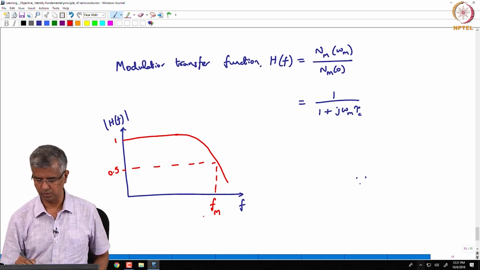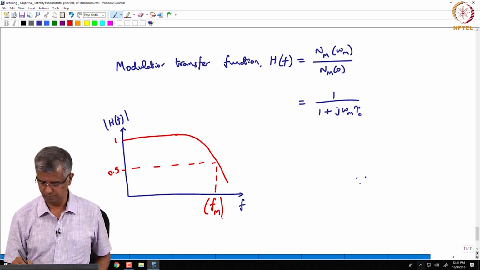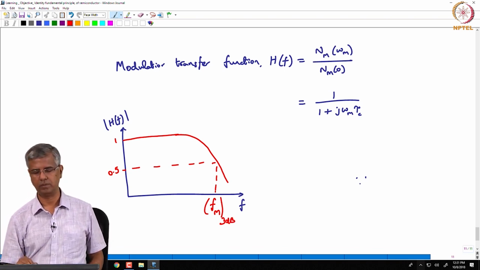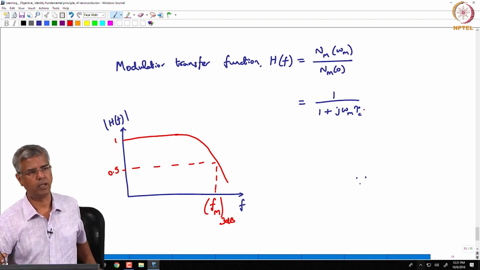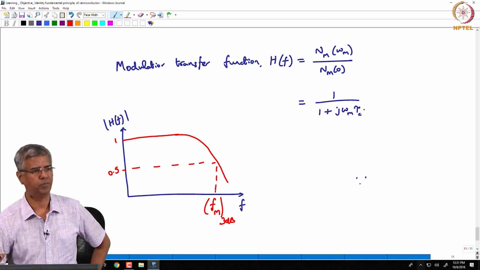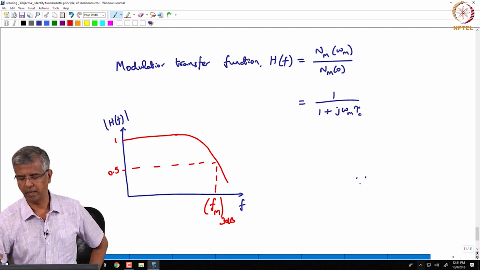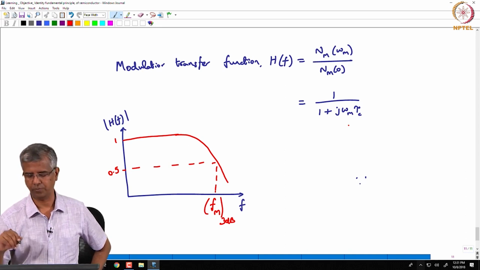So, this is Fm at 3 dB. What you do is you find the magnitude of h of f, and that magnitude you equate to half, and once you equate to half, you can find out what Fm of 3 dB is.